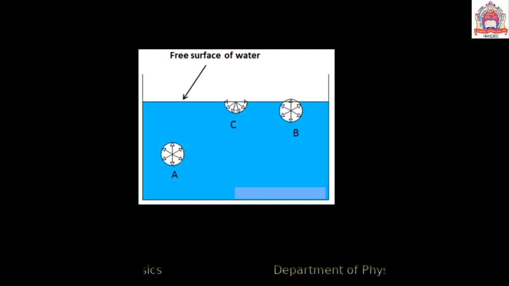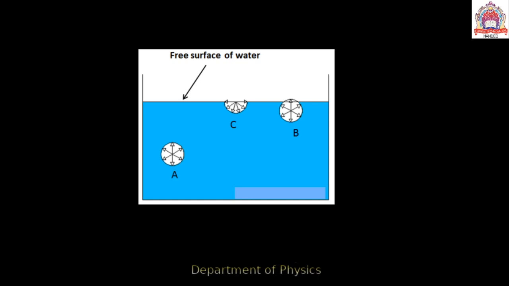Suppose we are considering molecule C. Molecule A is balanced, while molecule C is partly free to the air. Its sphere of influence lies partially outside the liquid.